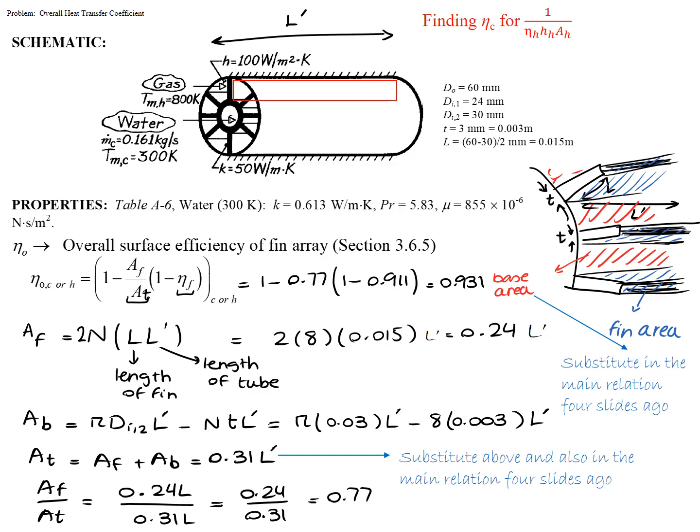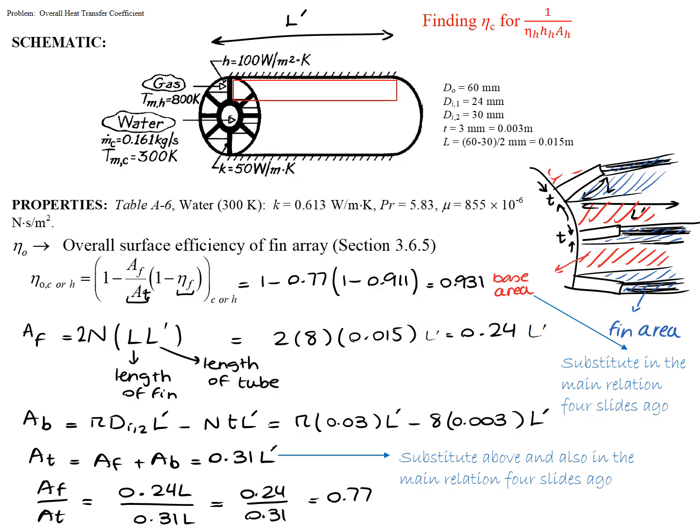That's n fins. Every one of the fins has thickness t, and the area that is covering the base will be tL prime. So you will have to take that out, and that's how we get the formula for AB, which is area of the base. It's pi d L prime, which is the total area on the outer side of the tube, minus ntL prime, which is the area that the fins are taking.